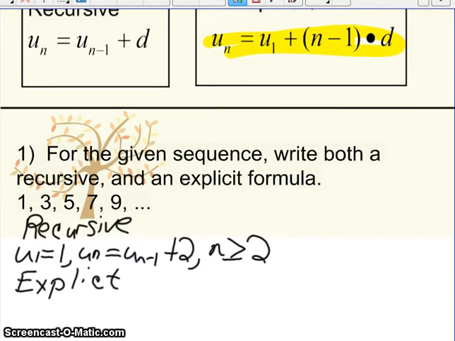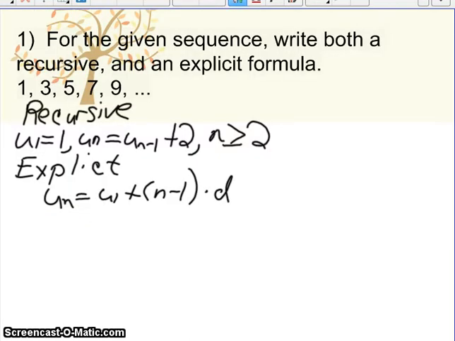So I've got u sub n is equal to the first term plus n minus 1 times d. The first term is 1. I'm going to do n minus 1. I'm not plugging anything in for n. I'm leaving n in the formula. And since the common difference is 2, I put a 2 there.